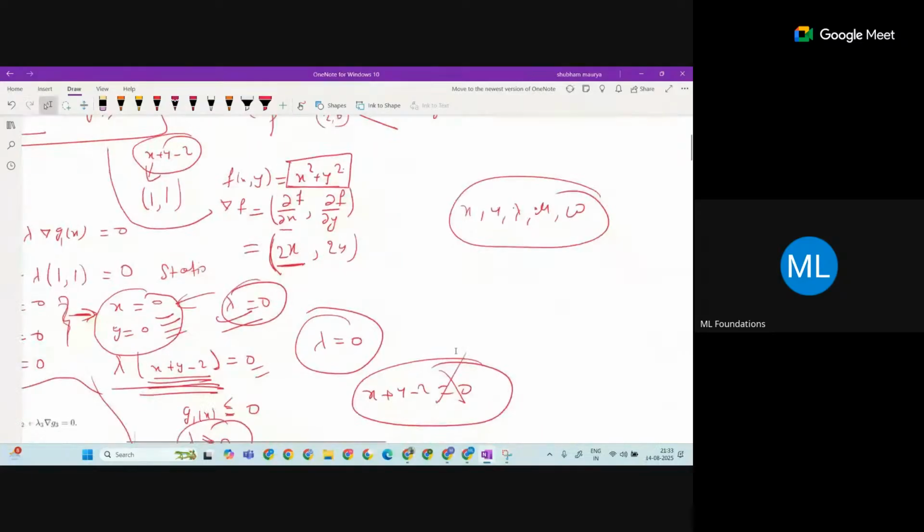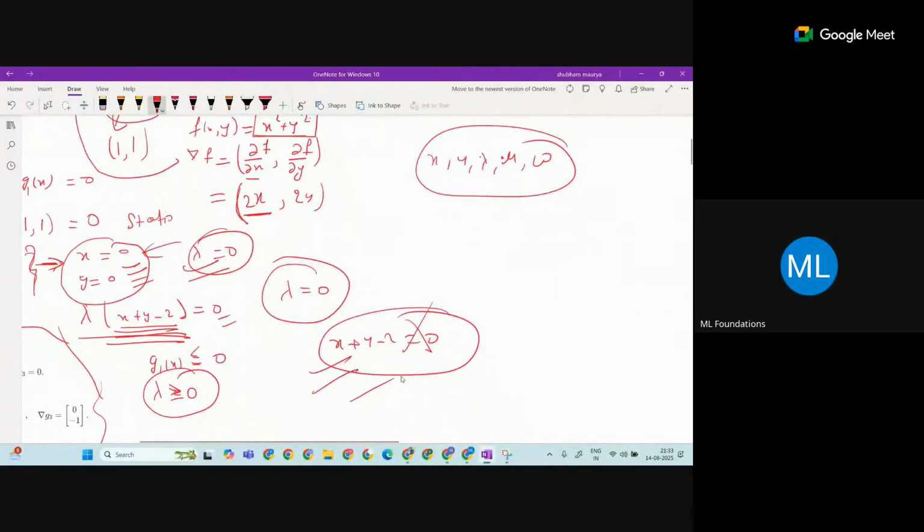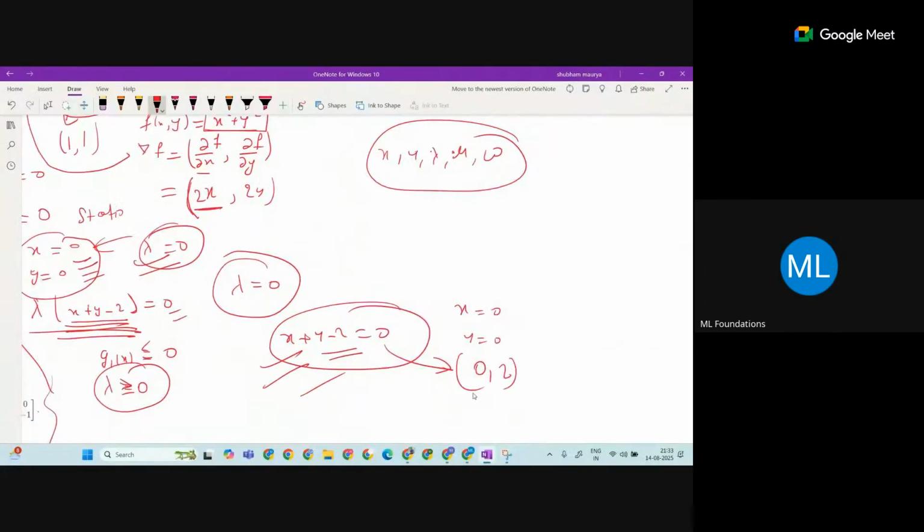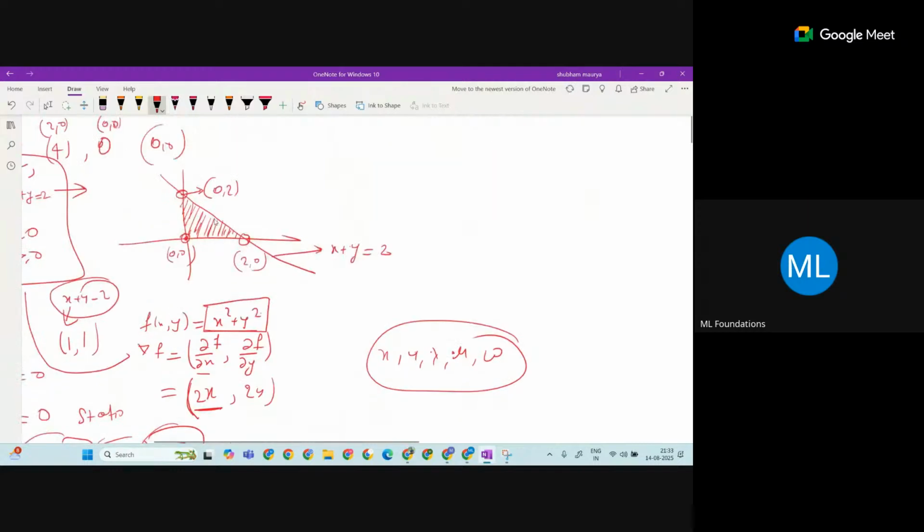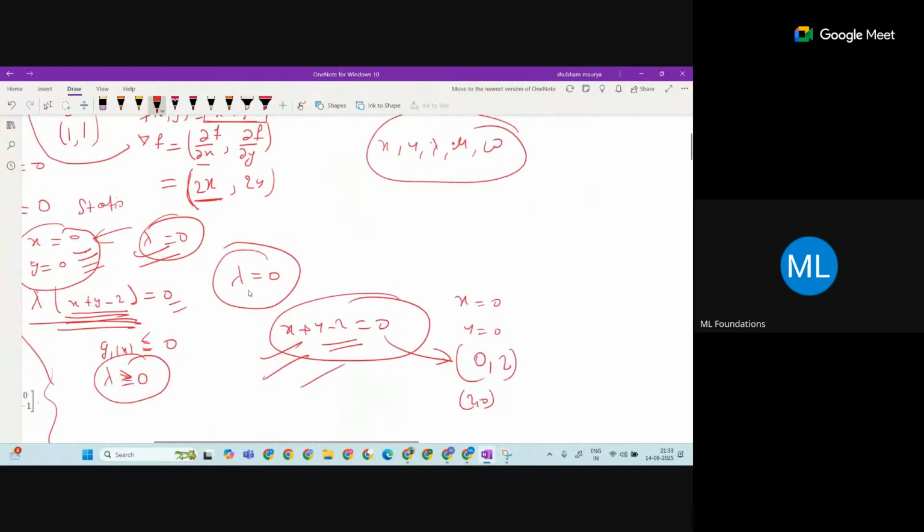Okay, let's solve for now this condition. Whatever answer you get, x is equal to 0, y is equal to 0. Once you proceed by this method, you will get the critical points also. What are the critical points? 0, 2 and 2, 0. As here I solve by this bounded. If you assume lambda is 0, you get x is equal to 0, y is equal to 0.